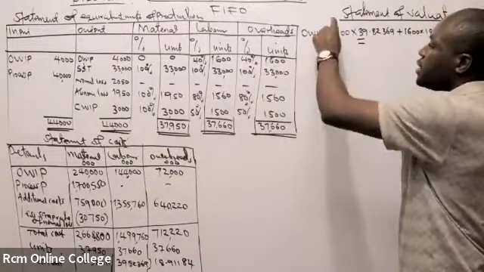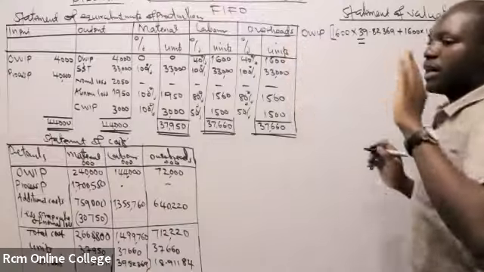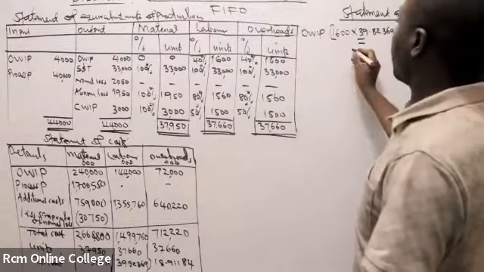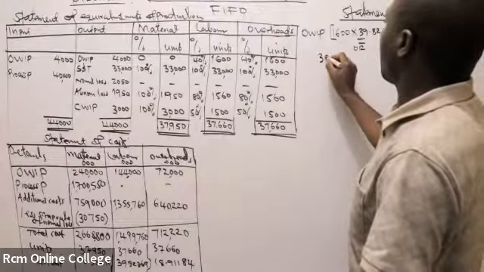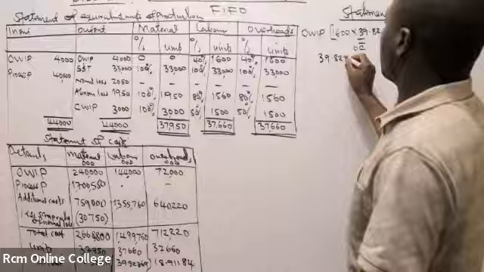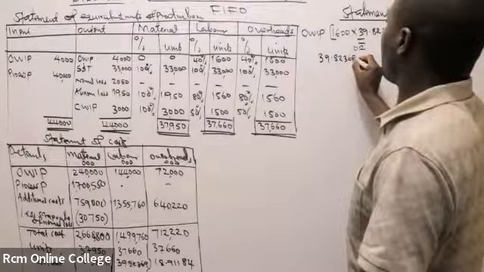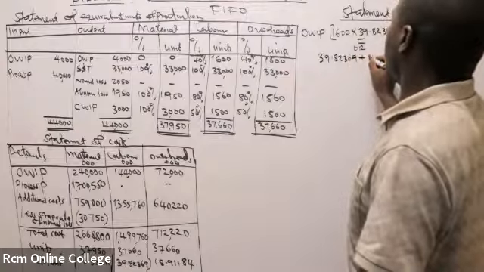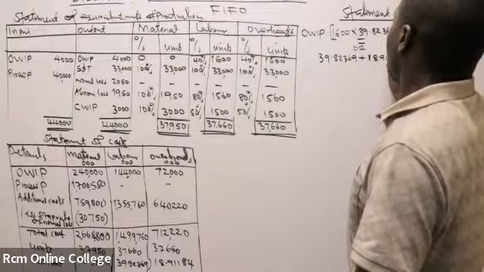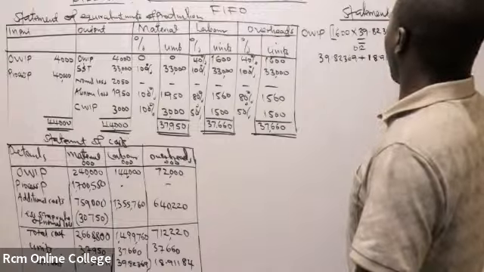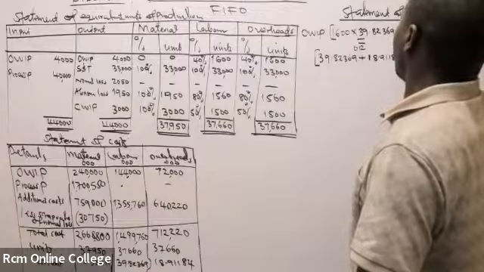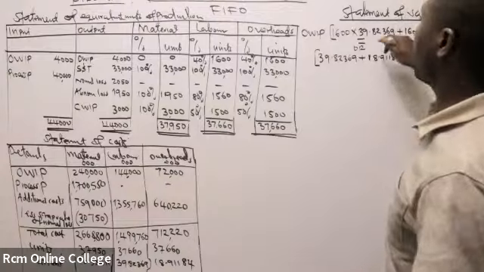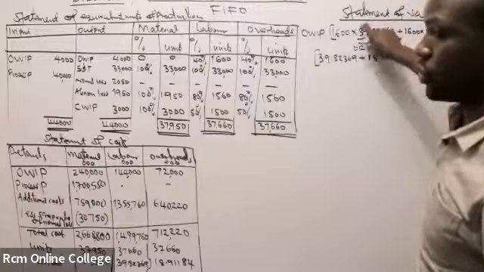Instead of taking this approach, it becomes easier by just taking 39.82369 plus 18.91184. Once you add the cost per unit, then you multiply by 1600. I expect you to have the same answer as what you're getting under the first approach.